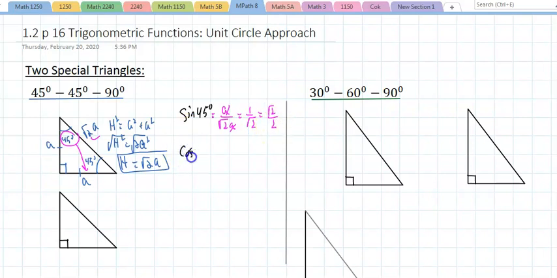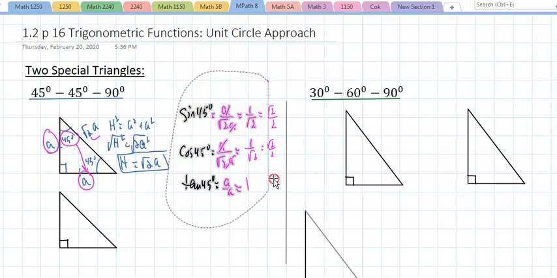If I look at the cosine of 45 degrees, that would be the adjacent over the hypotenuse, and that turns out to be the same. And if I look for the tangent of 45 degrees, that would be the opposite over the adjacent, and there it is.